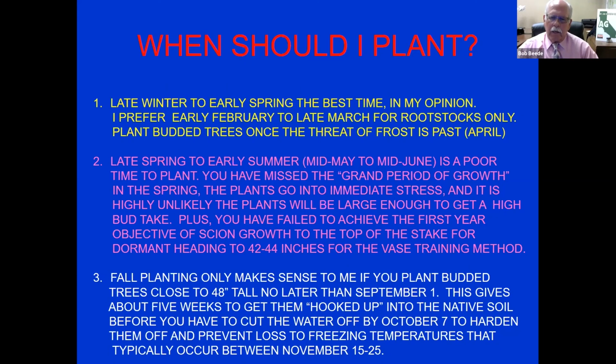The risk you take is that a sudden hard freeze could damage that material, and you then have to have bud material soon enough in the springtime.